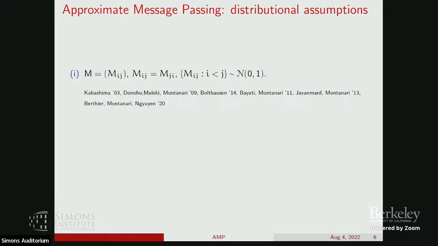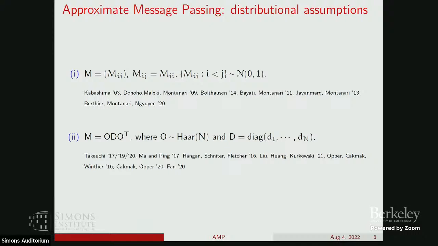These were originally proposed, I think, on the physics side in the work of Kabashima, and then used in the context of compressed sensing in the work of Donoho, Maleki, and Montanari. The rigorous proofs emerged in the work of Bayati, Montanari, and Bolthausen, and then there has been a long line of follow-up work establishing rigorous guarantees for these algorithms.